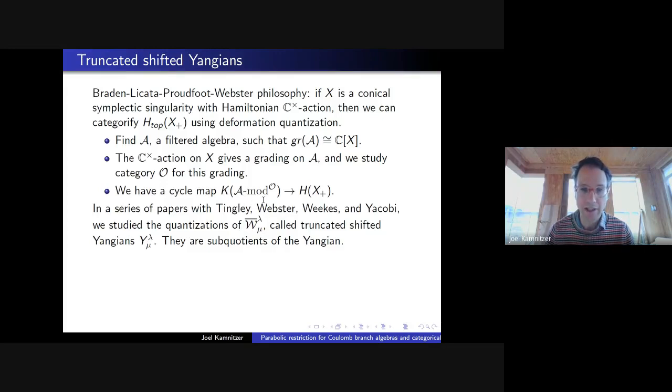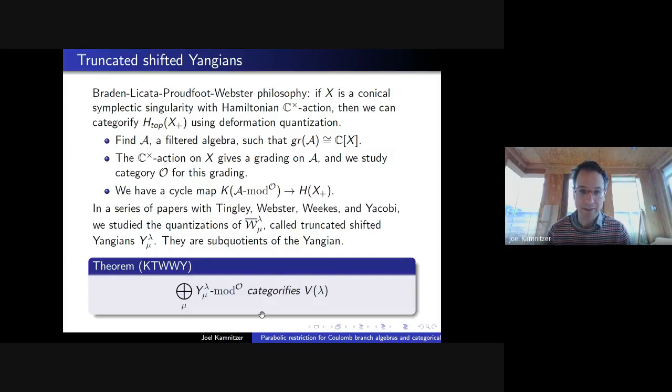And then following this philosophy, its category O should be viewed as a categorification of the top homology of this attracting locus, which, as I mentioned before, by the theorem of Mirković and Vilonen, is the weight space in the representation. So it's natural to have some kind of theorem like this. What does the theorem mean?